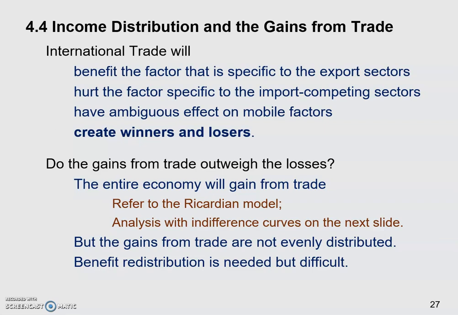Because of trade, right? So as public policy, we would expect the government would take a portion of what winners win and give it to the losers as a compensation. But again, this is quite difficult.